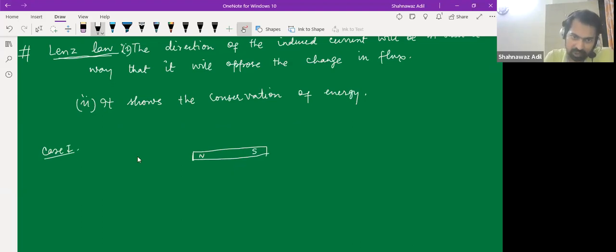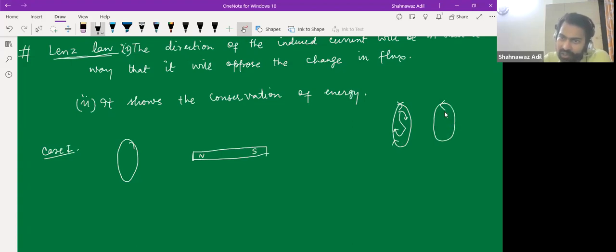And you have this coil, right? Let me remind you that if I have the current moving in this direction, this will behave like a south pole. And if the current is in this direction, this will behave like a north pole, and this would be the south.